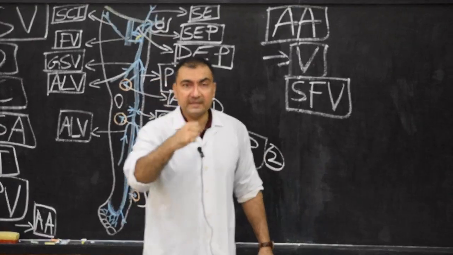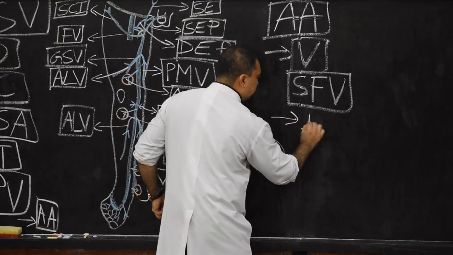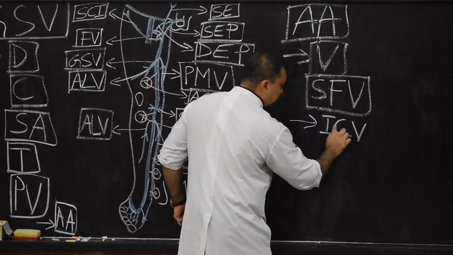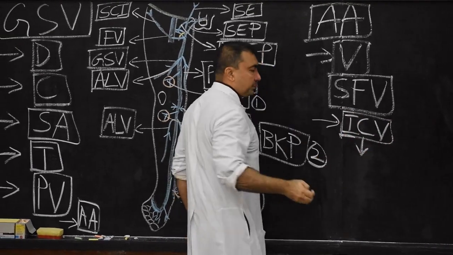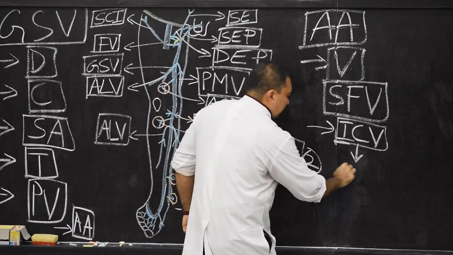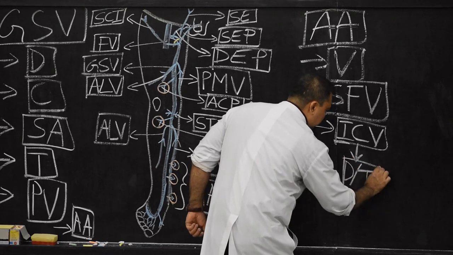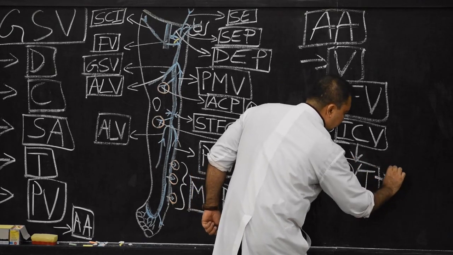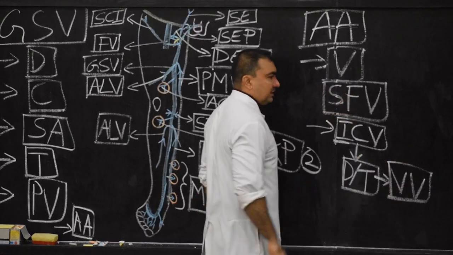In cases of incompetency of valves, the superficial veins will be dilated and tortuous. Because they become dilated and tortuous, these superficial veins are known as varicose veins. This is very important. What are varicose veins?